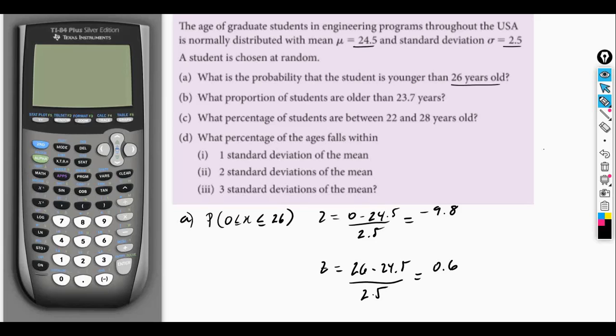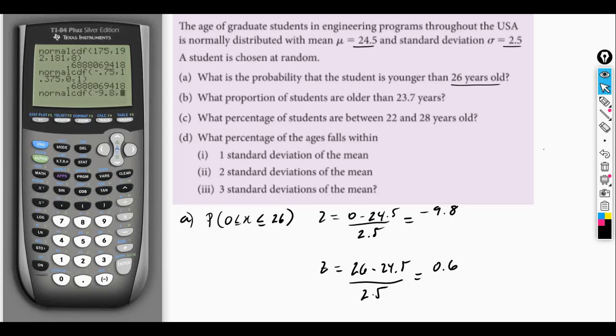So we're ready to use the calculator. Let me turn this on. We would go to second function, vars, and number 2, normal cumulative distribution function. So let's recall that the first thing we type in is going to be the lower bound. So minus 9.8.